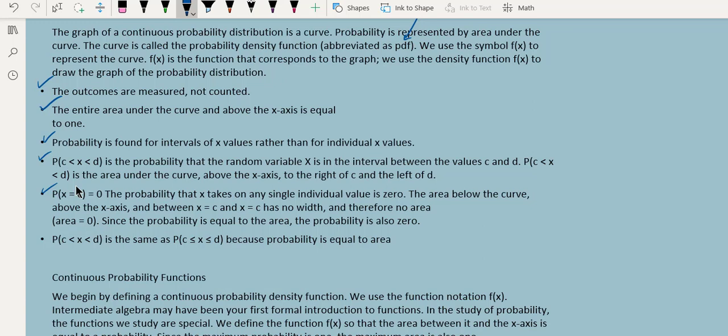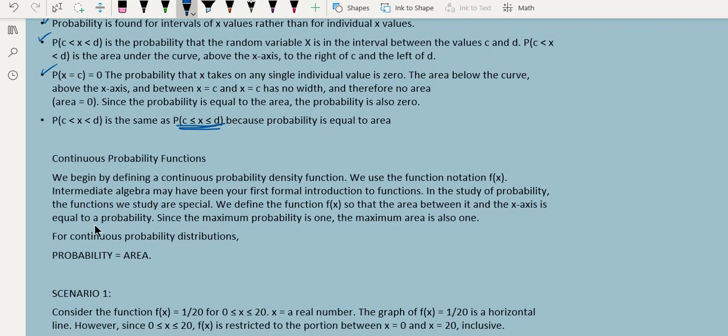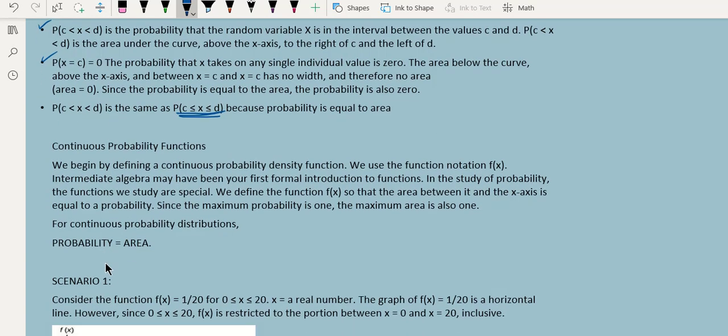If we end up with less than or less than or equal to, it is the same thing. Now, I just want you to remember that when we're doing continuous probability distributions, probability always equals area.